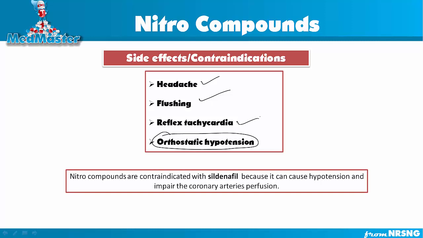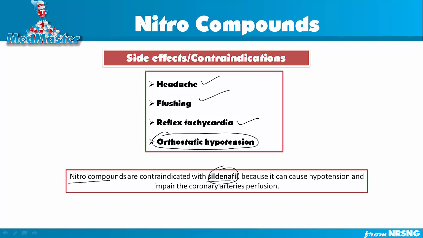Now, one of the main contraindication questions they often ask in NCLEX is about nitro compounds and sildenafil, which is often used as Viagra. You do not want to put a patient on nitro and this drug at the same time, because it can cause a really big drop in blood pressure.